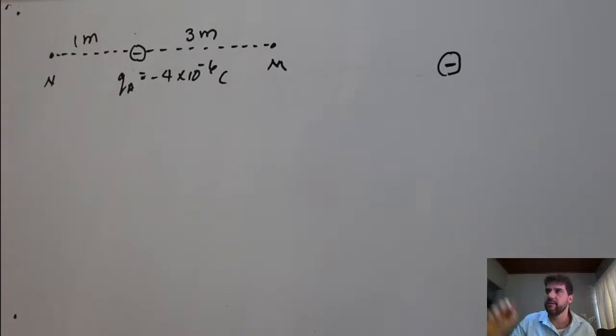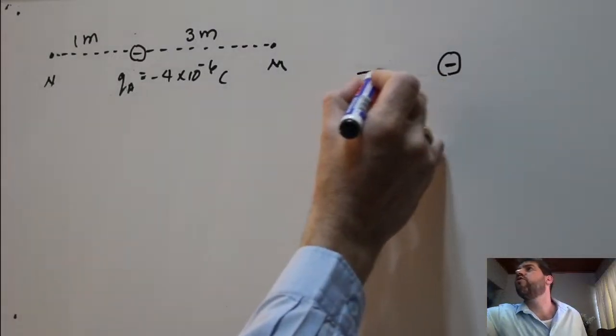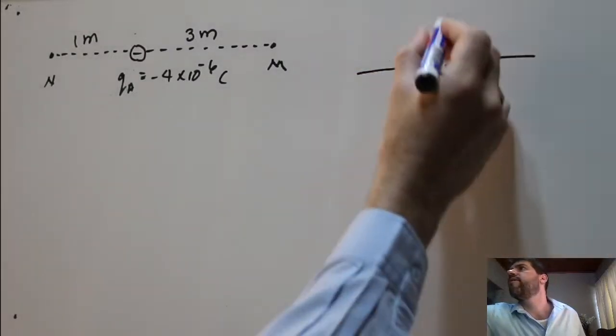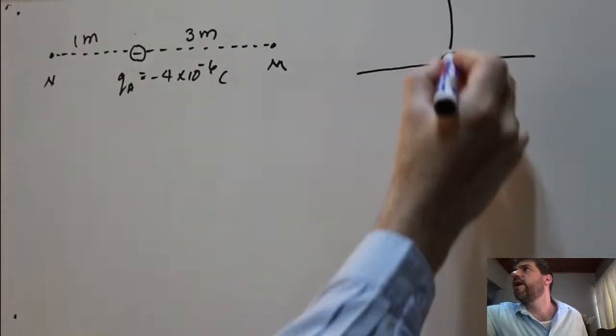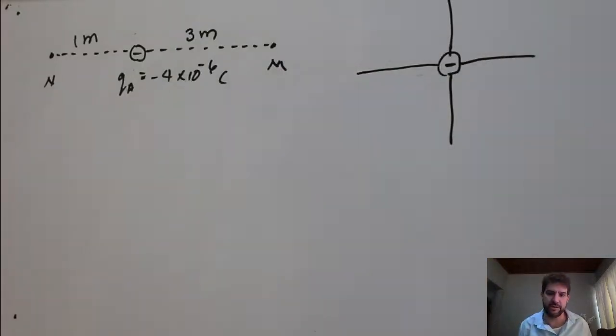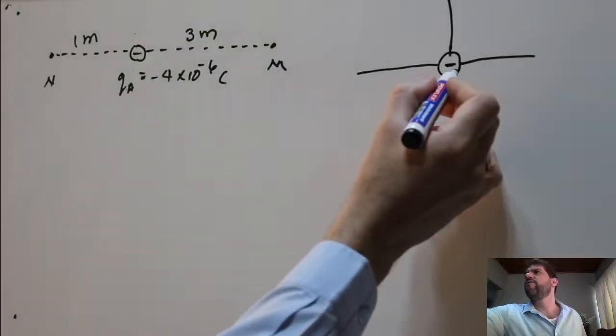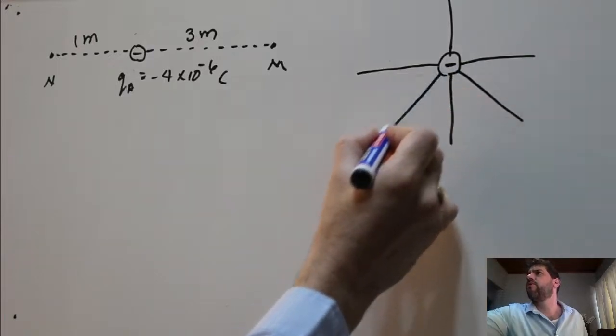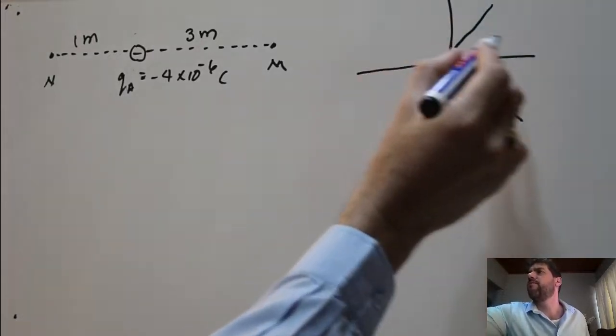Now, when you have only one charge, the electric field lines are straight lines going towards the charge, and this is important. The lines must go straight towards the charge, okay? So, for instance, I'm going to draw a line there, and they must touch the charge. We can draw more if you want. Remember, the more lines you draw, the more probability of making a mistake.